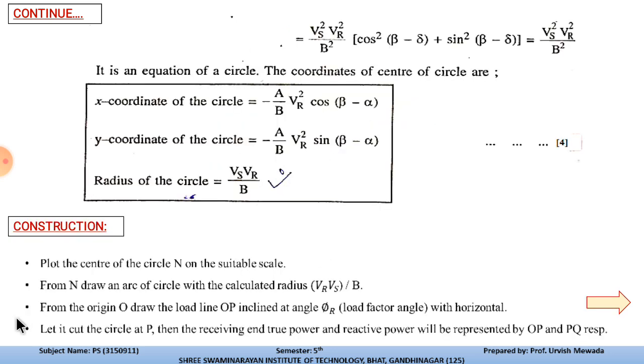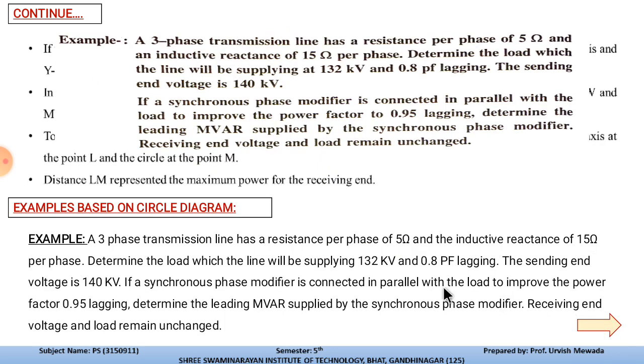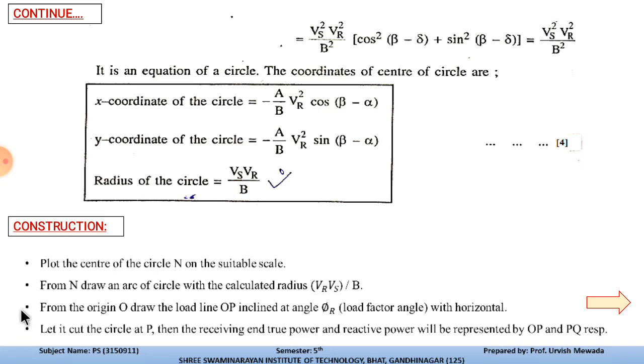Over here you can see that from the origin O, we draw a line OP inclined at angle phi r. So this is the receiving end power factor angle, the load angle phi r, at which we are drawing OP with the help of Vs into Vr by B, and this is the load angle with the horizontal.